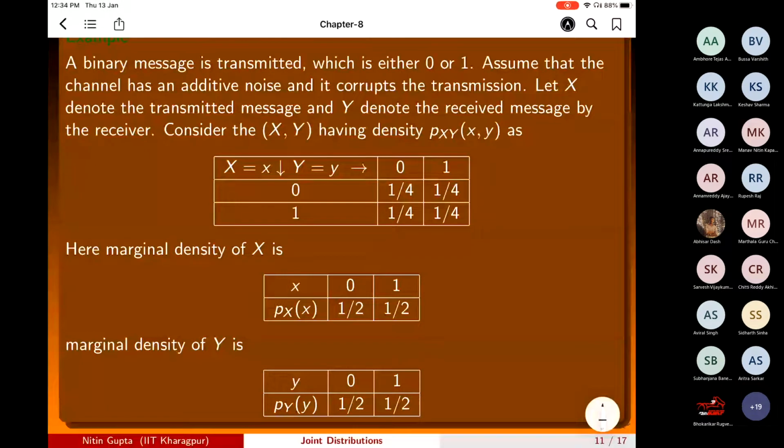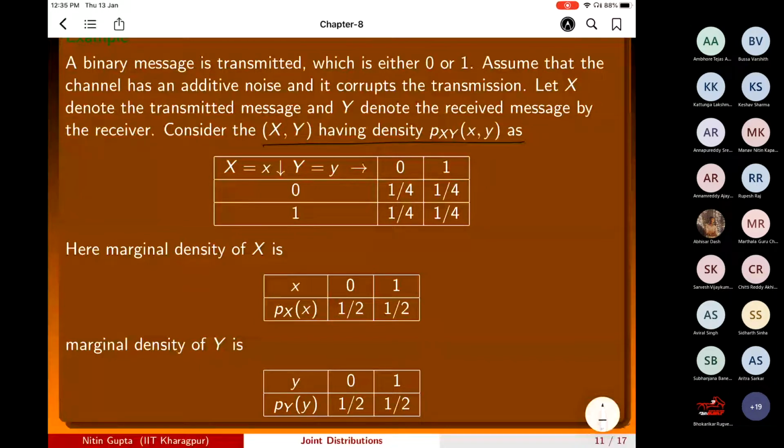So a binary message is transmitted which is either 0 or 1. Assume that the channel has additive noise and it corrupts the transmission. Let x denote the transmitted message, y denote the message received by the receiver. X and y have the joint density function as follows.